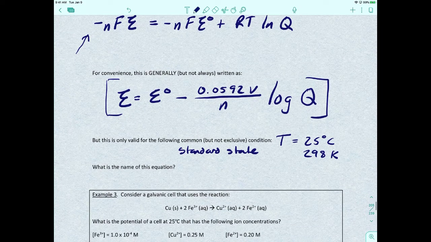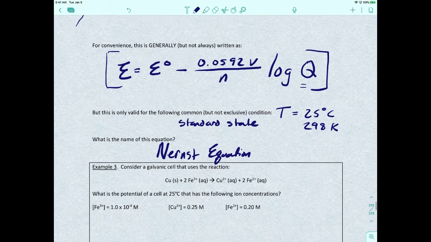And this equation that we're talking about right here is called the Nernst equation. So this is our way of relating Gibbs free energy and cell potentials. We're relating it to the equilibrium in some way, shape, or form. Right now it's the reaction quotient.